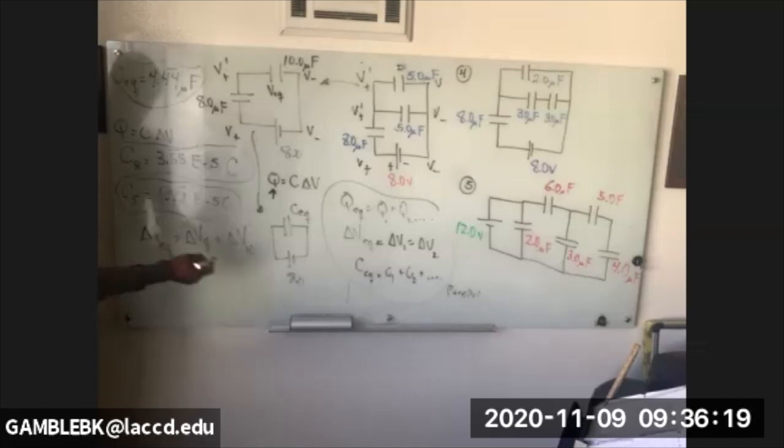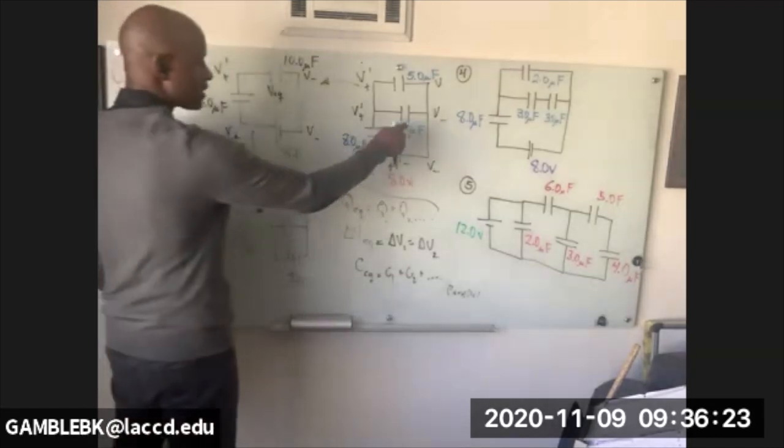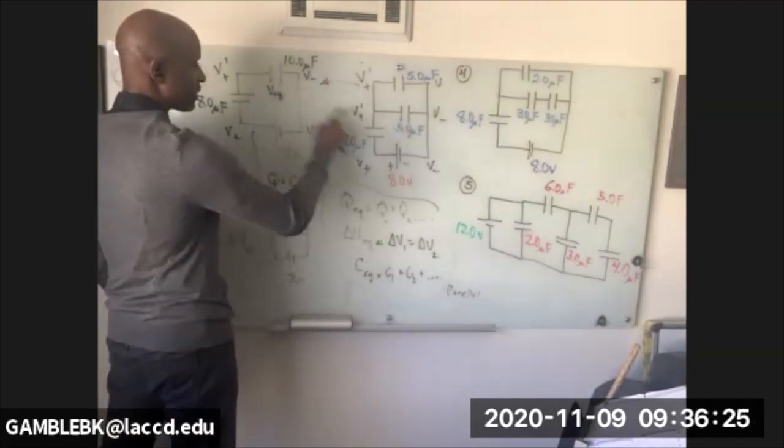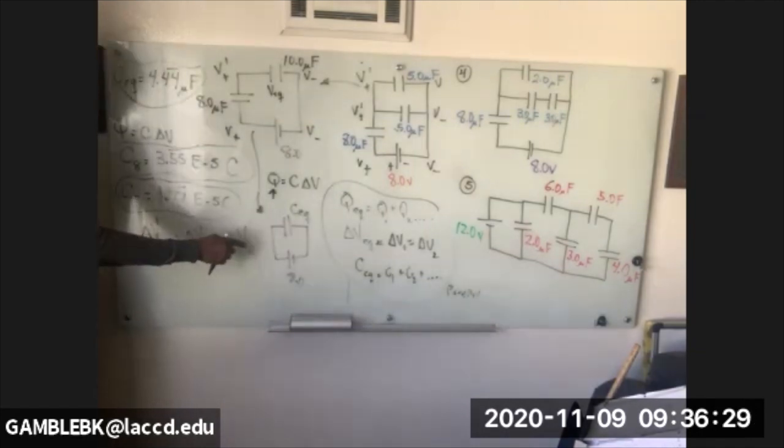Actually, let's just do this, because what I really want is the voltage across this guy, which is going to be the same as across each one of these. So I can just solve this equation for delta V10.